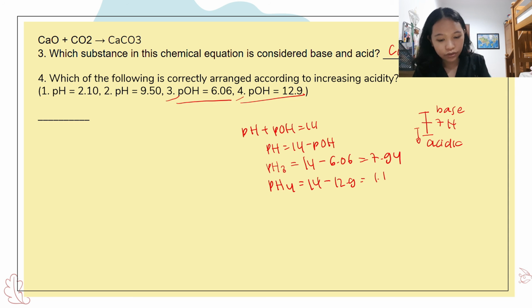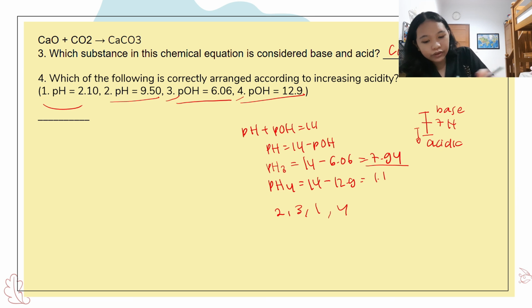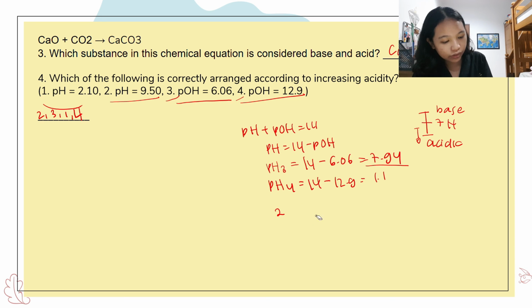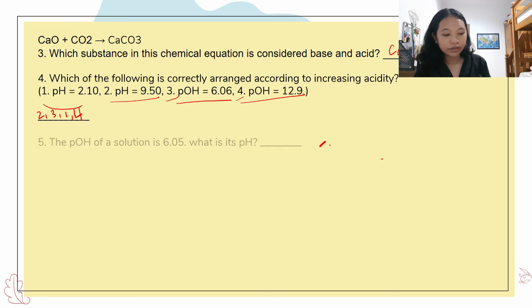The highest one is number 2, the second highest is number 3, the third highest is number 1, and finally we have number 4. So the correct arrangement is 2, 3, 1, 4. This is the answer, guys. Let me erase this.